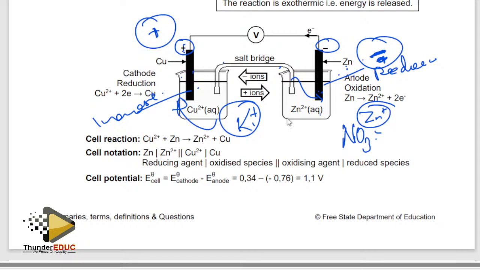And then number two, because this substance is dissolving, while this one is being used up, this one is going to become pale. Why? Because the ions which are being used up here are not being replaced. The copper ions, they are not what? Being replaced. So you need to know that when it comes to the galvanic cell.